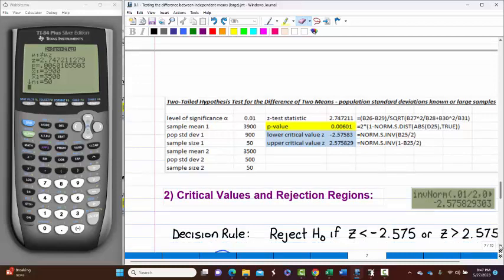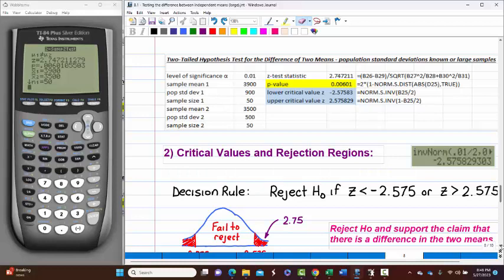I'm not going to retype these for this one. Let's look. Put everything in there: sample mean 1, population standard deviation 1, sample size 1, sample mean 2, population standard deviation 2, sample size 2. There's your p-value. And the critical value method.